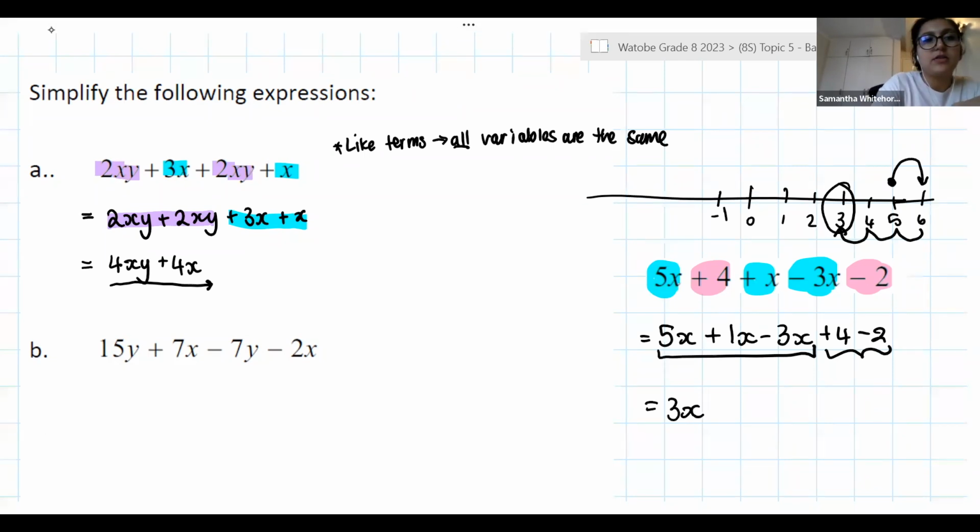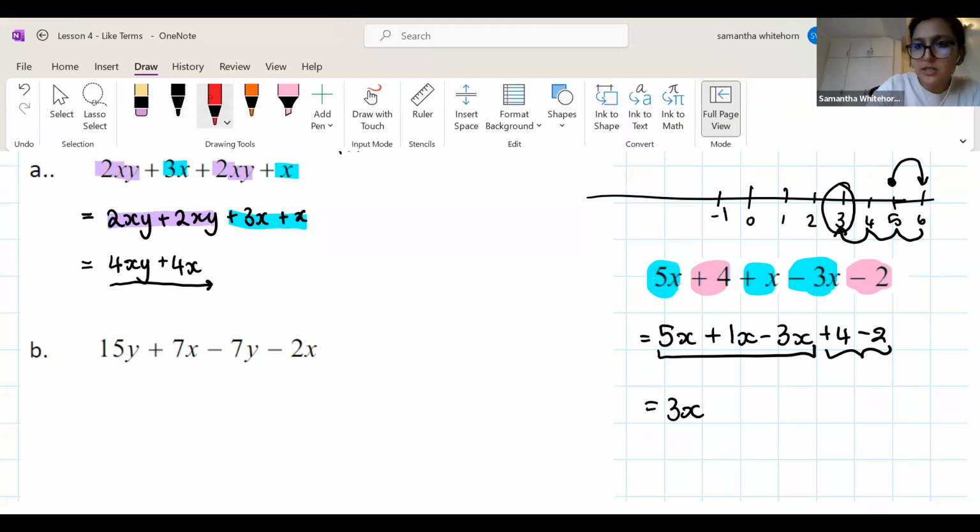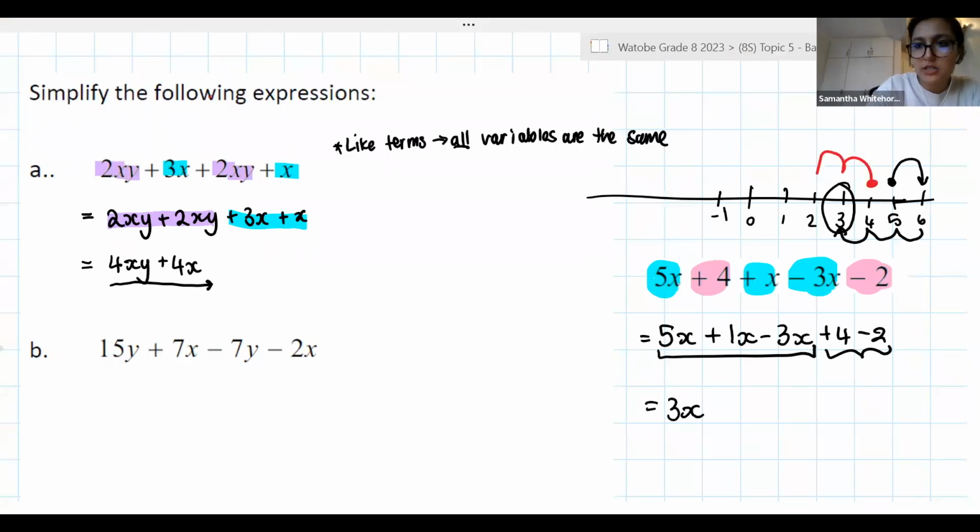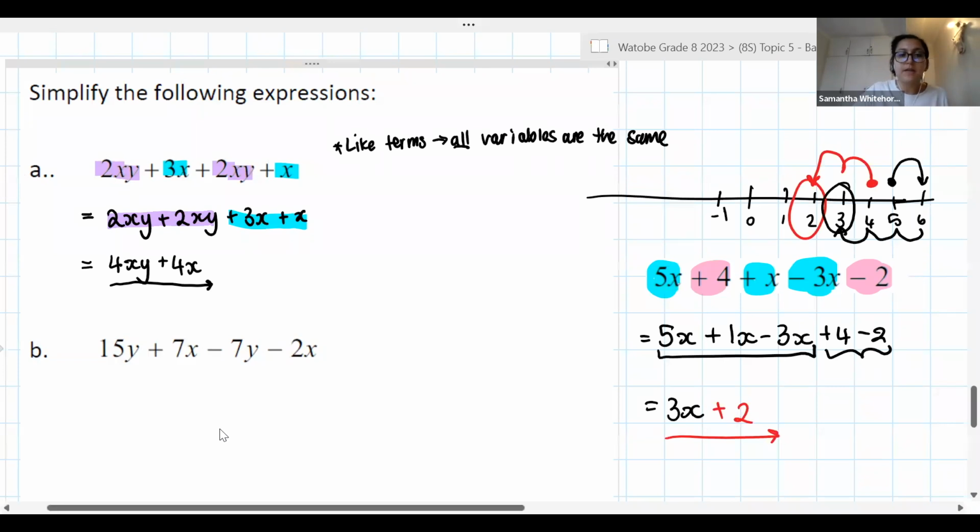Then if I think about the constants, so the 4 minus 2, I start at 4 and I subtract 2. So my final point is positive 2. So that's how I simplify my expression in order to get 3x plus 2. Does that make a bit more sense? Yes, thank you, ma'am. Good, good.